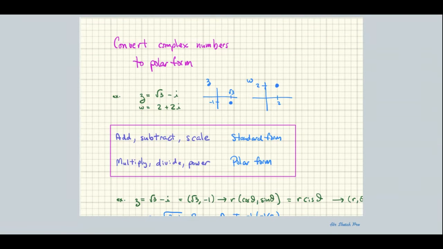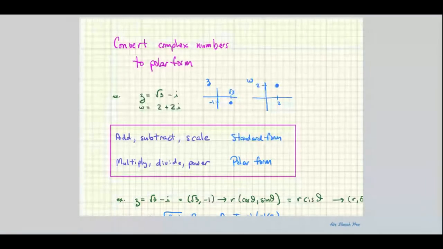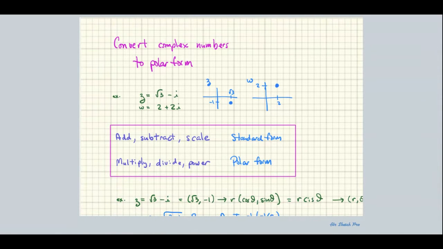Real axis, horizontal. This is the real axis, and this is the imaginary axis. And you can read the coordinates off on that, right?